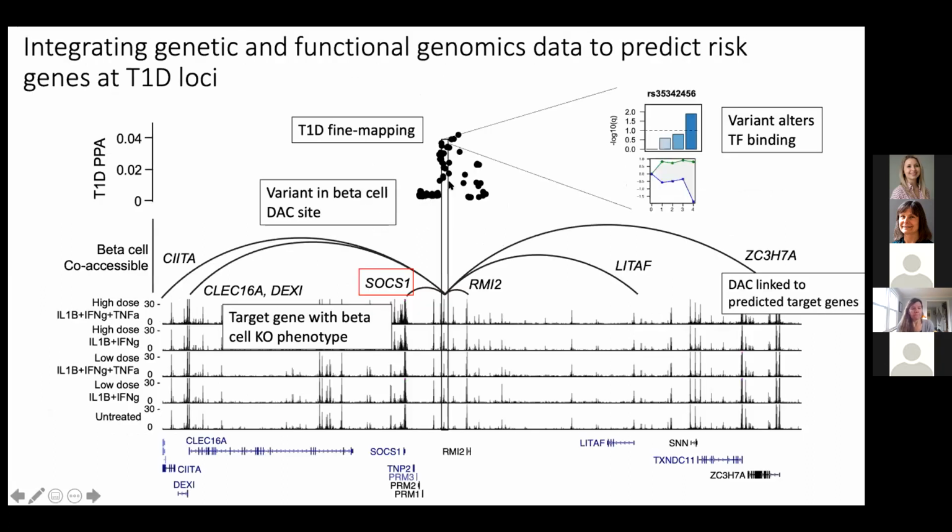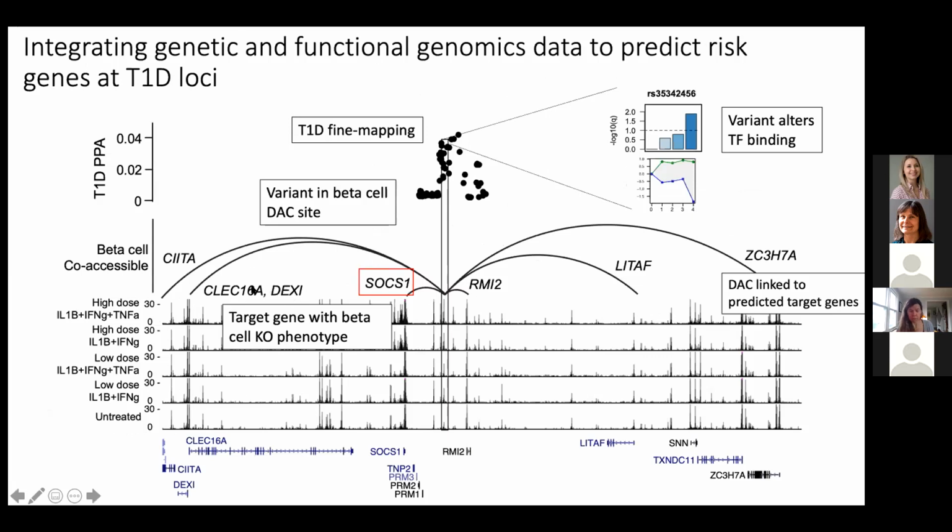And so here's just an example of layering all these pieces of information together to try to understand risk mechanisms in beta cells. So we have fine mapping data for T1D. Variants lie in sites that respond to cytokine exposure. Among these, variants have evidence for affecting transcription factor binding. We link from these sites over to potential candidate genes using 3D interaction and coaccessibility type information, which implicates several genes.